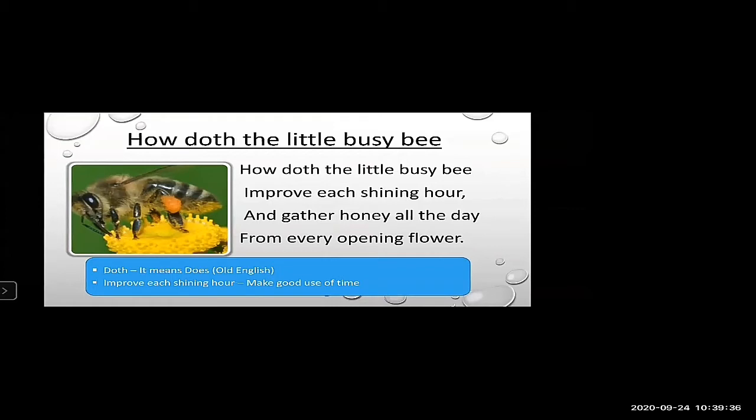The poet is calling the bee busy. Why is it calling it busy? Because the bee does its work continuously without taking any break. It makes use of each and every minute, each and every hour.